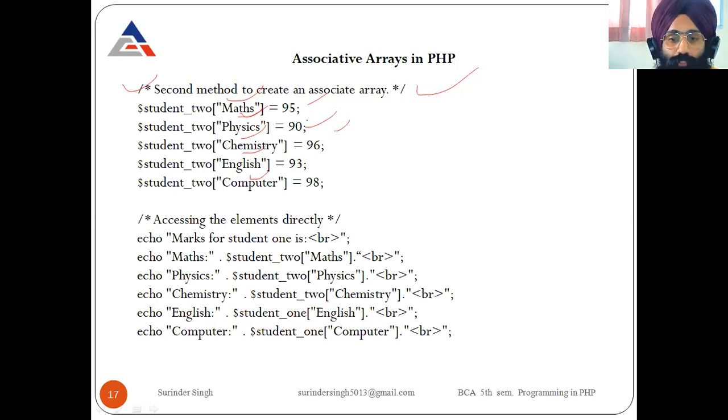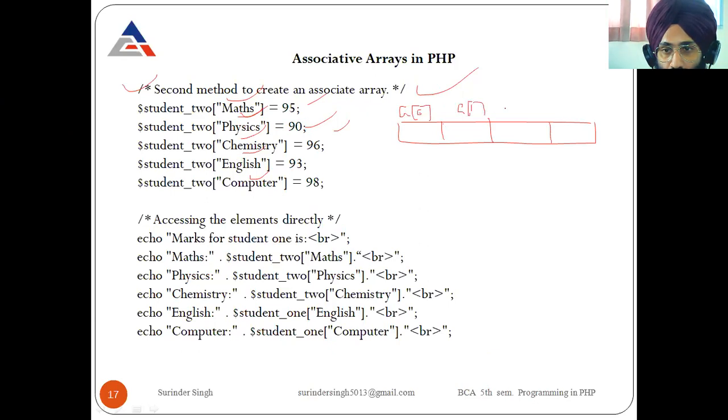Now how can you access associative array elements? In the same way, here we have an array: this is the A0 element, this is the A1 element, this is the A2 element, and this is the A3 element. Suppose there is an array having size 4.